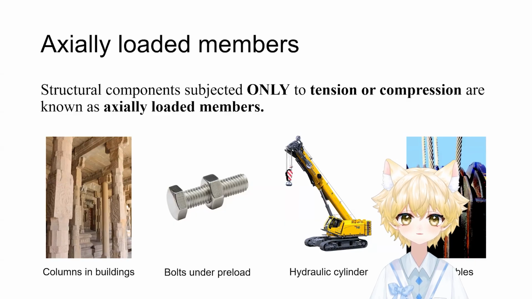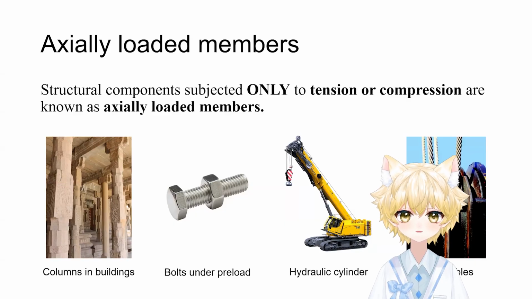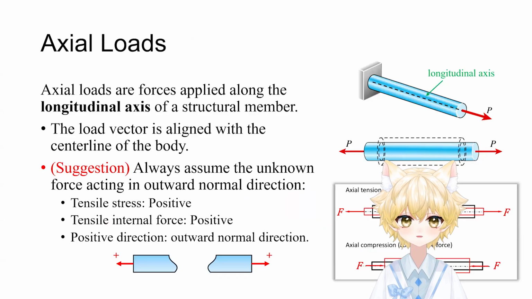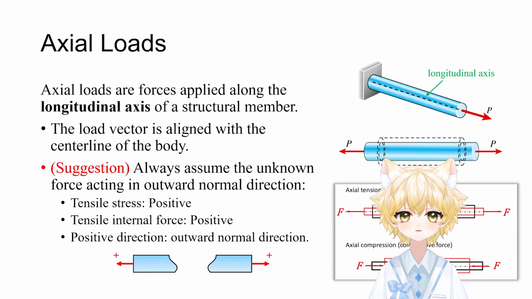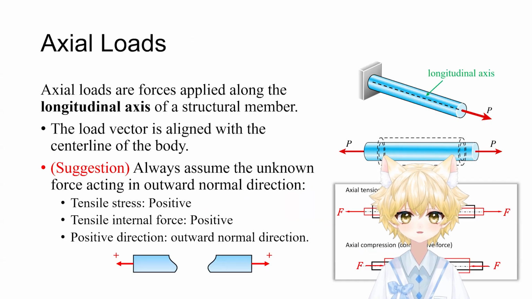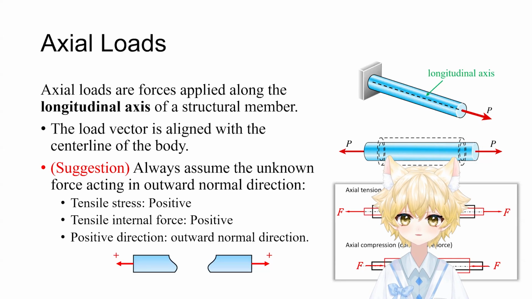Because the loading is so straightforward, this is the perfect place for us to start applying our new tools of stress and strain analysis. So, what exactly defines an axial load? An axial load is a force that is applied strictly along the longitudinal axis of the structural member. The load vector must be aligned perfectly with the center line of the body. I have also included a reminder here about our sign convention, right?